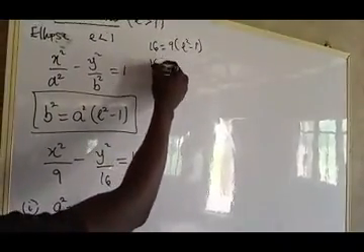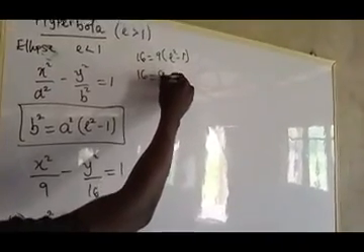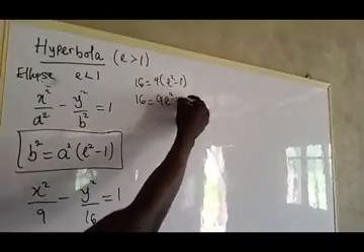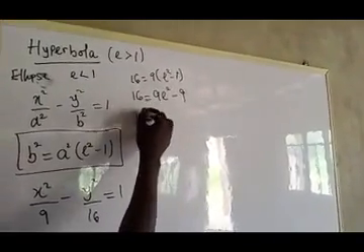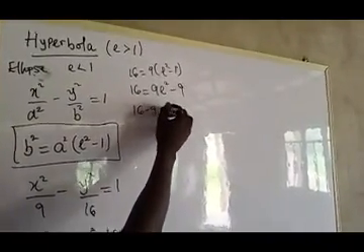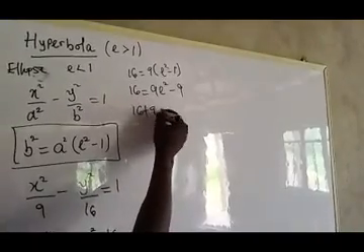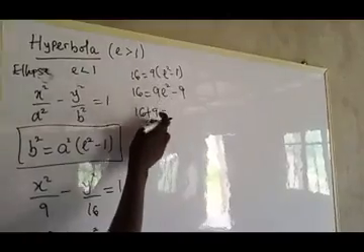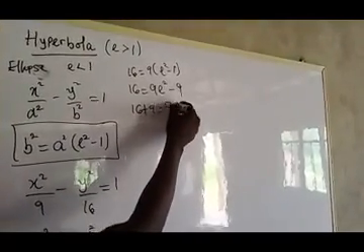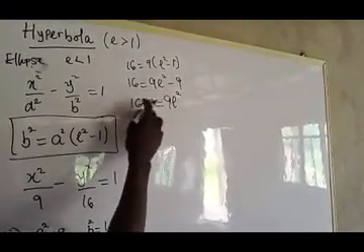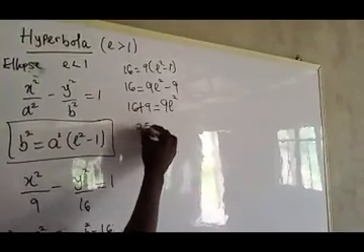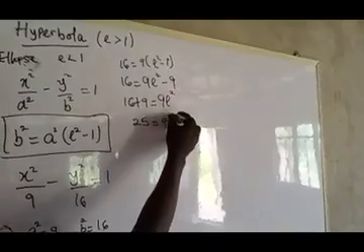So that will be 16 equals 9 e squared minus 9. So that will be 16 plus 9, because when minus crosses it turns to plus, equals 9 e squared. And 16 plus 9 is 25, equals 9 e squared.